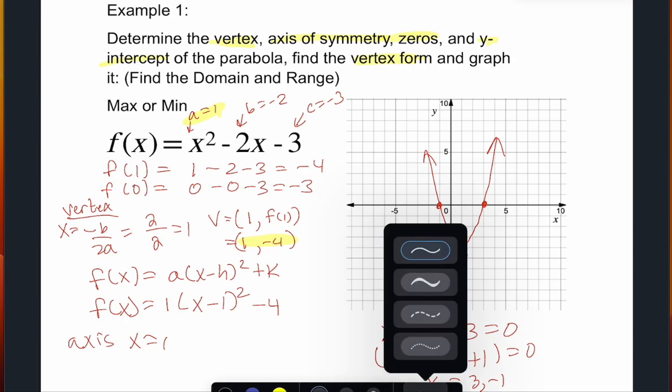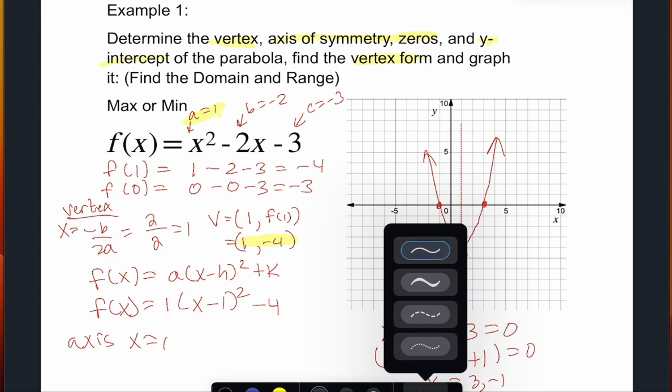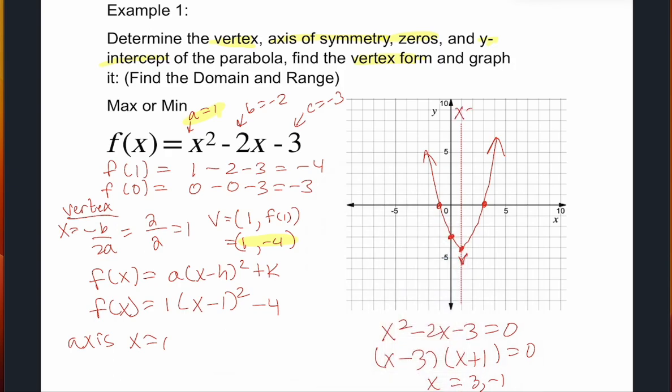Your axis of symmetry is the line x equals 1, and it should directly hit your vertex. If it doesn't hit your vertex, you didn't get the right vertex or you didn't get the right axis of symmetry, one or the other, okay? So now we have everything on there.